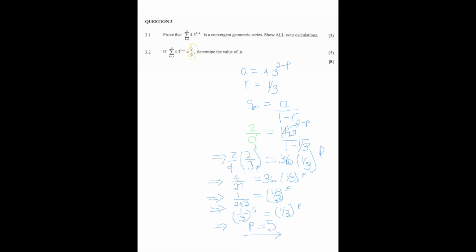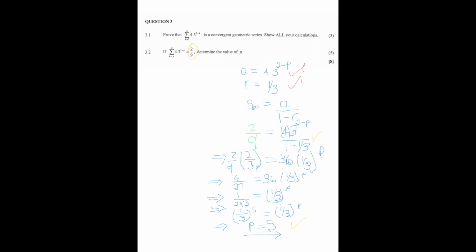Then we can rearrange and solve for p. If you work through and reduce this equation, in the end you'll be able to see that p is equal to 5. In terms of how you get your marks, your first mark will be for the correct values of a and r.